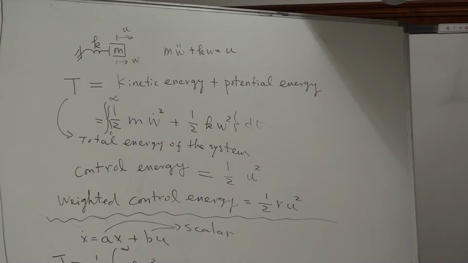Then we can integrate, because this is all constant: x0 is constant, r is constant, f is constant. We assume this f is constant, then we have (1 plus r f squared) x0 squared, and after we integrate that, we have 2(a plus bf), and exponential 2(a plus bf)t, from 0 to infinity. Agree?